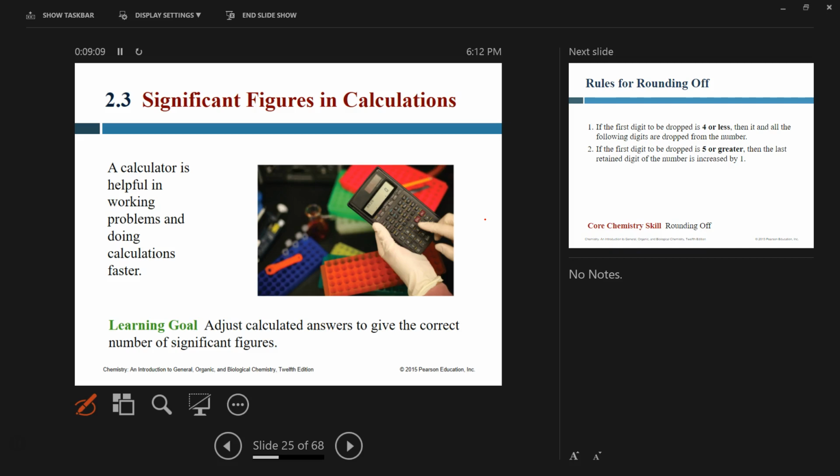For instance, if you need to multiply or add numbers that have different number of significant figures. So I'm going to give you sort of a heads up. Addition and subtraction use the same rules. Division and multiplication use the same rules. Got it?